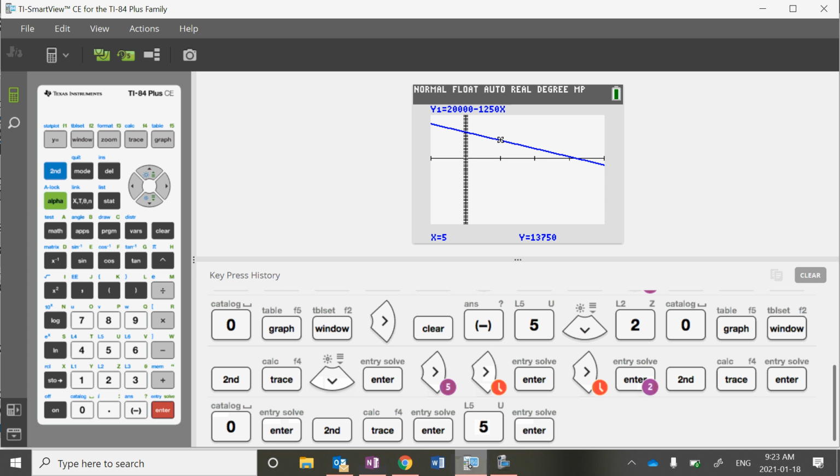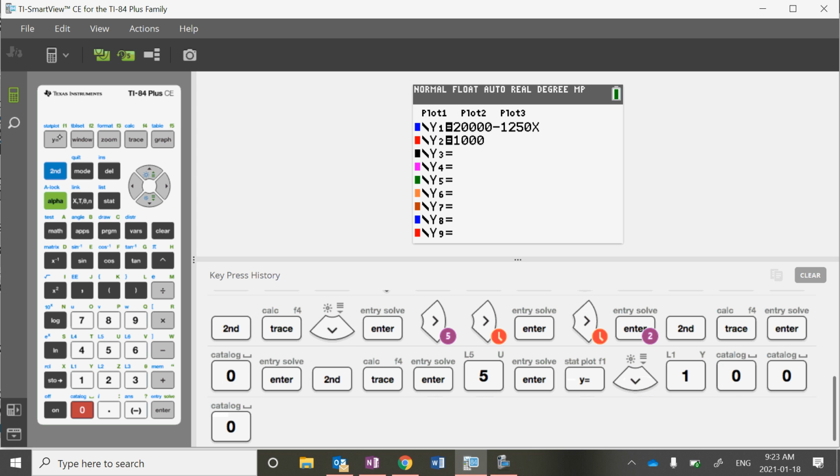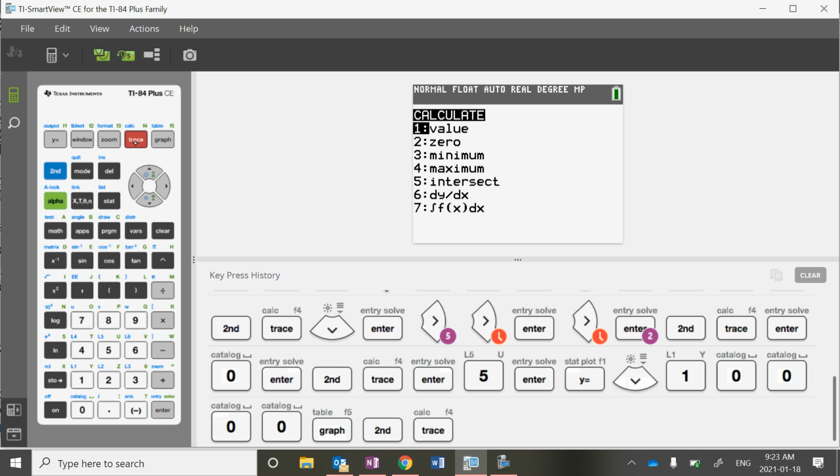So if you go into your calculator, press y equals, and under y2, put 10,000. Then hit graph. We get that straight line that we just drew. Now you can go second trace and go down to number 5, intersect, and find the point where those two lines cross.